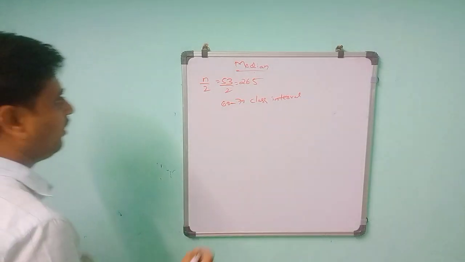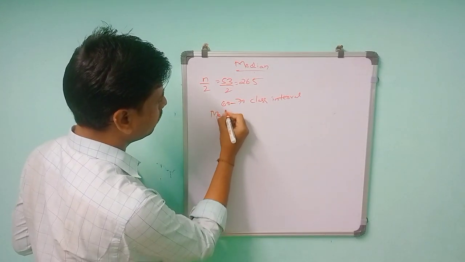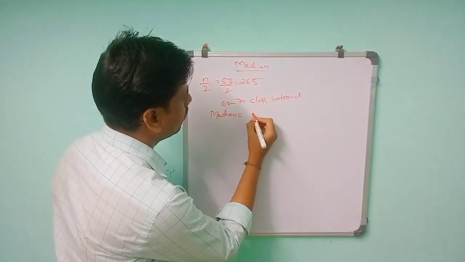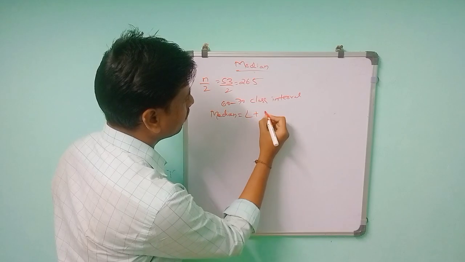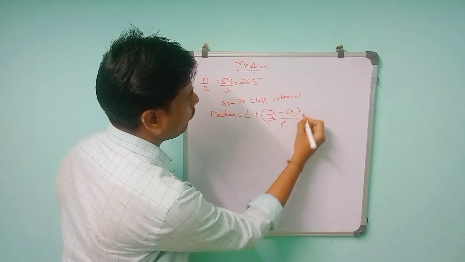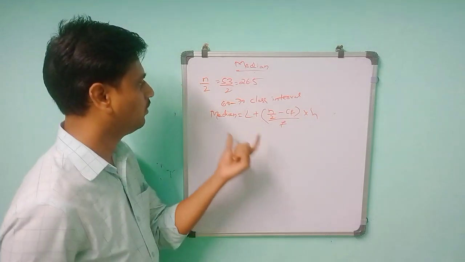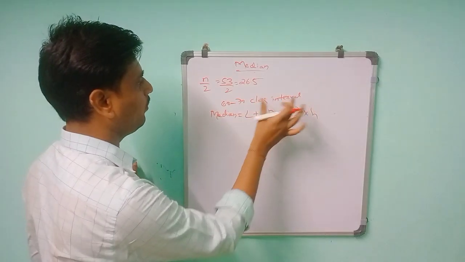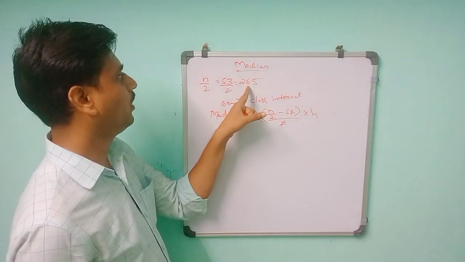There is a formula to find the median. Median is L plus, n by 2 minus Cf, divided by f, into h. The 60 to 70 class interval is the median class, based on the n by 2 value.